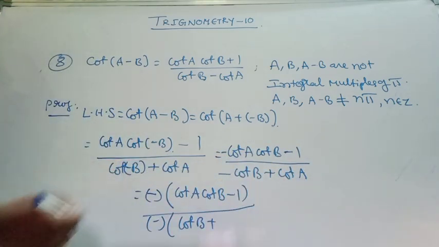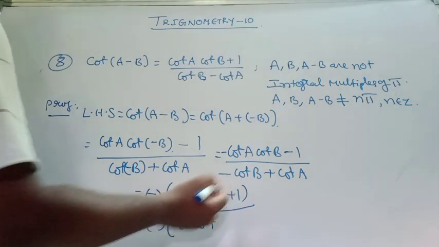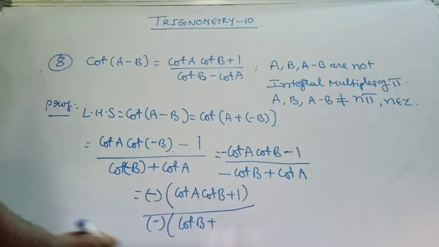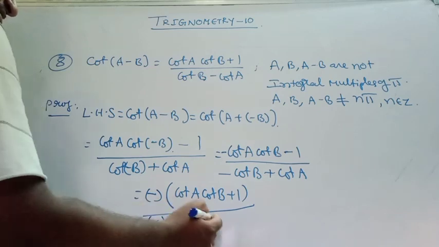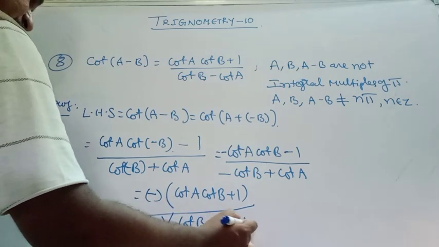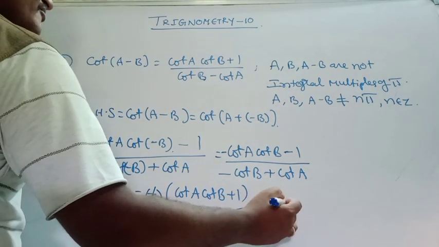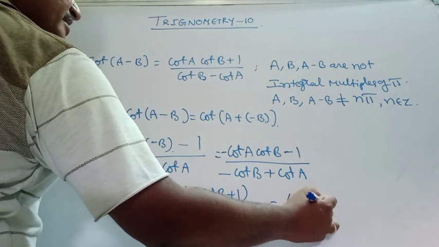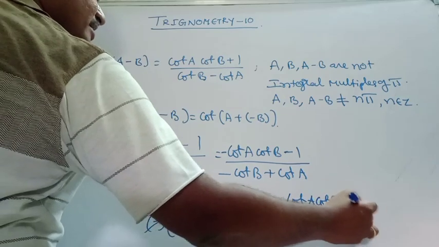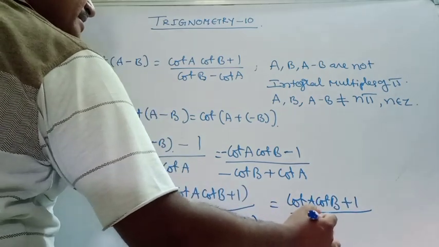Now let us take common here, then it becomes plus like this. And if you take the minus sign here, you are going to get cot B minus cot A like this. Now this minus minus will be cancelled. Then you have got the formula cot A cot B plus 1 by cot B minus cot A.